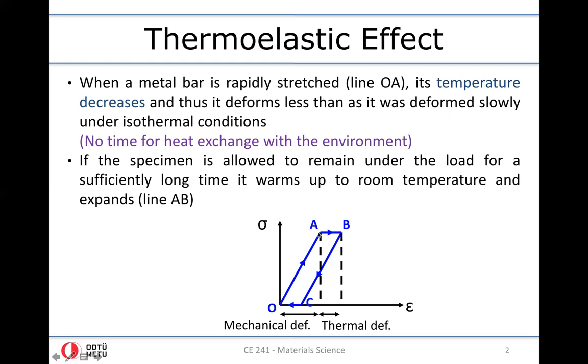One is the quick loading from O to A, where the material cools down, and when you keep the force constant, the material gets thermal energy from the environment, exchanges the energy, and heats up to the room temperature. Therefore, it expands. As you know from your elementary courses, materials expand when they are heated up and shrink as they are cooled down.